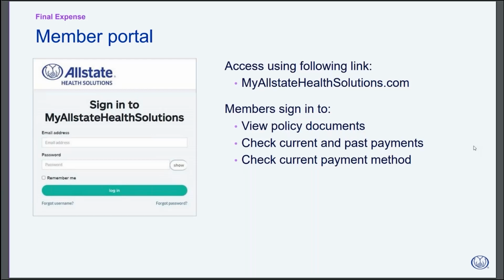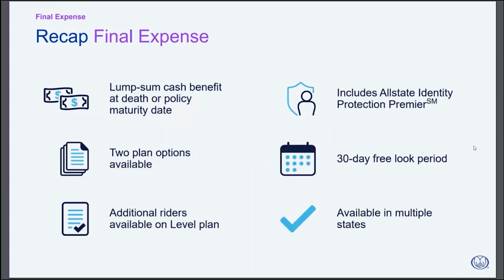Member sign in, view policy documents, check their current and past payments, check current payment methods. So it looks like they can check their policy. They can check a couple different things when it comes to payments.